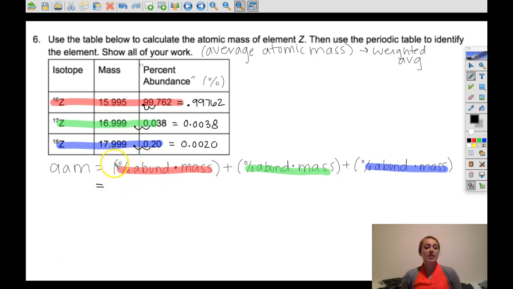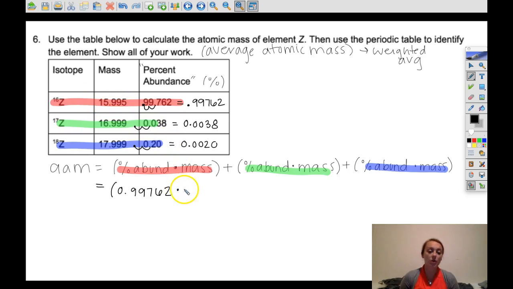So we're going to take the percent abundance as a number for the red isotope, or Z16. And my percent is 0.99762. And you see that I have a mass number of 16, but I also have a more precise mass of 15.995.